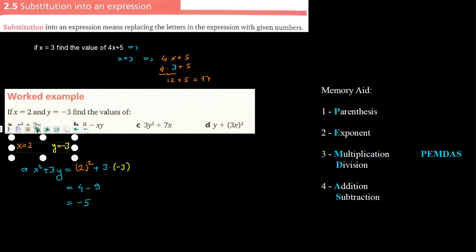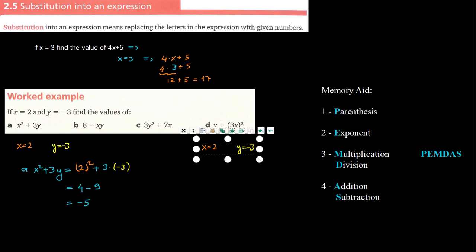If I copy this one here, it is equal to 3y squared plus 7x, which means 3 times y, which is minus 3, so 3 times minus 3 squared, plus 7 times x, which is equal to 2.